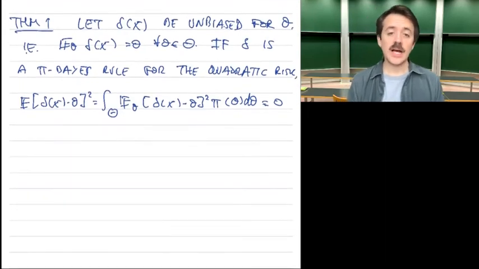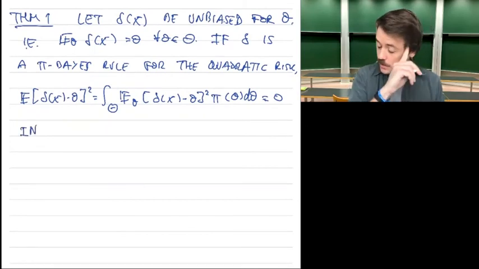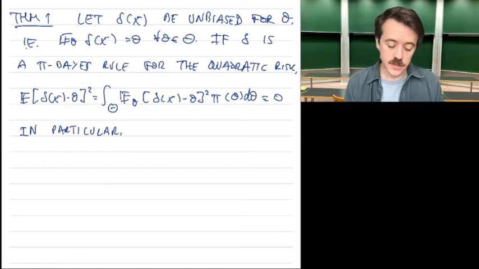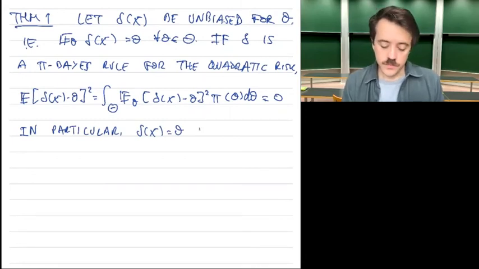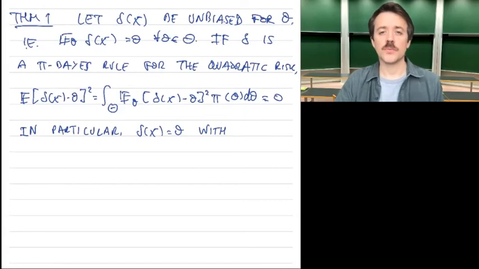And in particular, because the quantity that we take the square of is always non-negative, what we get is that delta x is going to be theta with probability 1, but we need to specify with respect to what probability distribution.